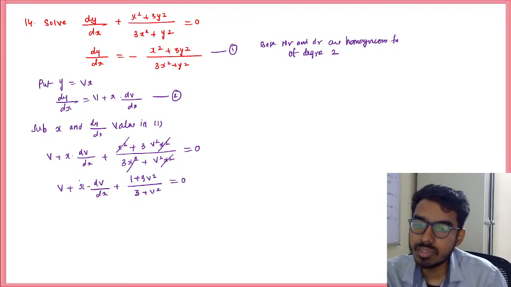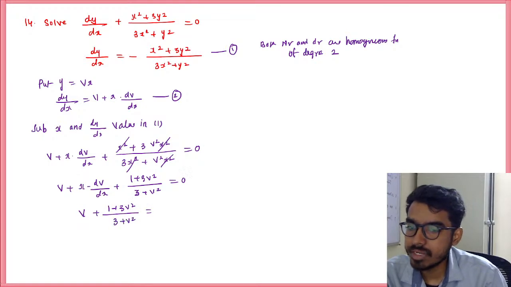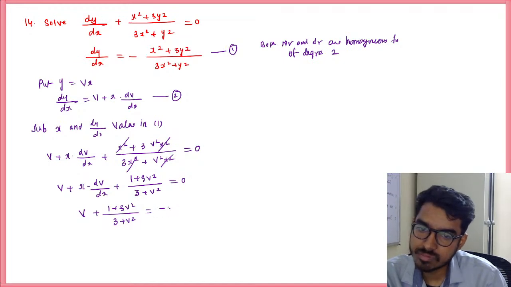So what about simplification of these two? So v plus 1 plus 3v square divided by 3 plus v square, right, is equal to minus x into dv by dx.